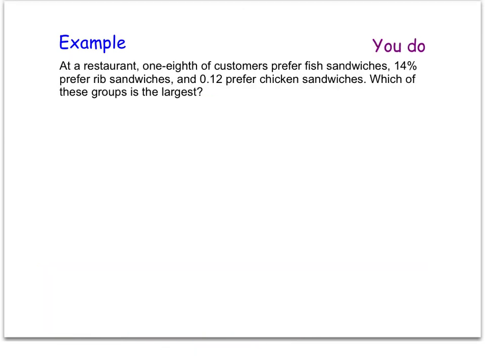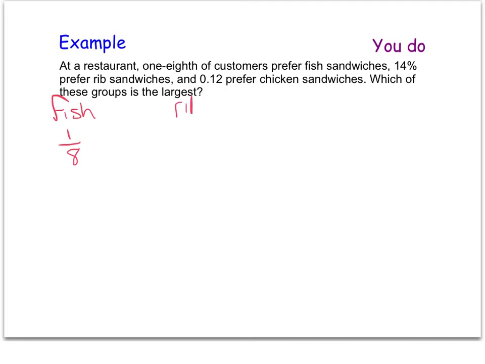All right, you try this one. At a restaurant, 1/8 of customers prefer fish sandwiches, 14% prefer rib sandwiches, and 0.12 prefer chicken sandwiches. Which of these groups is the largest? So first of all, we've got fish, which is 1/8 of the people.